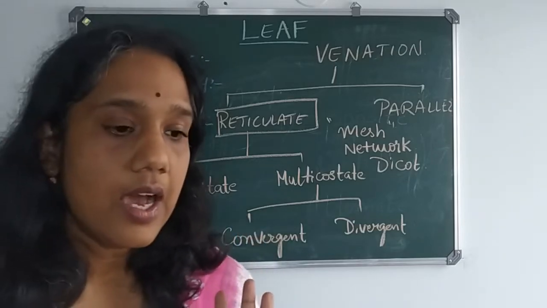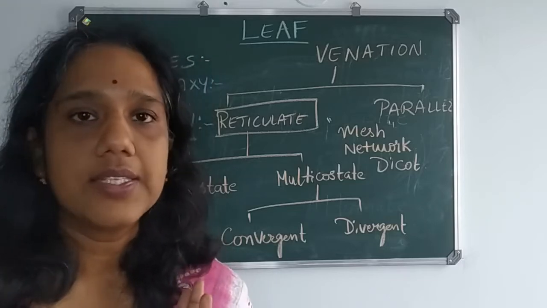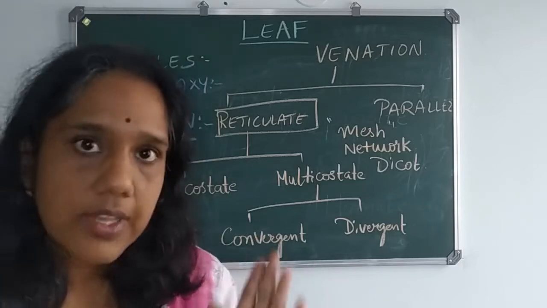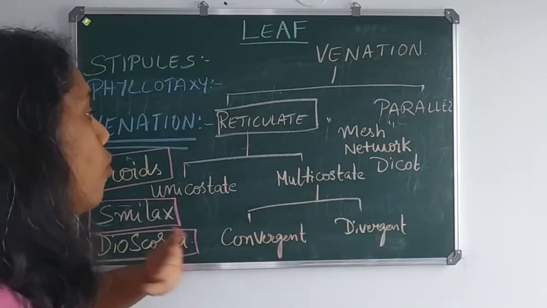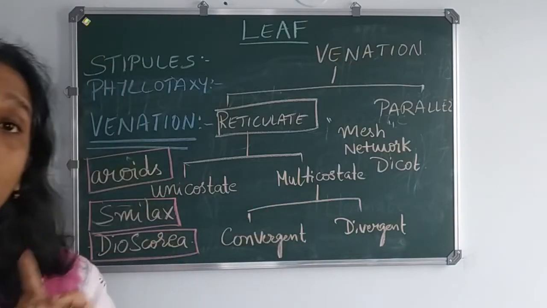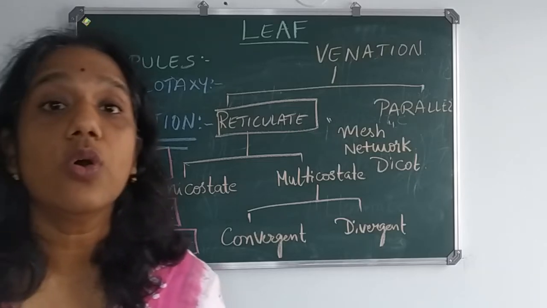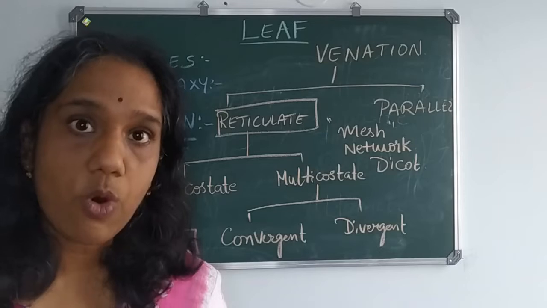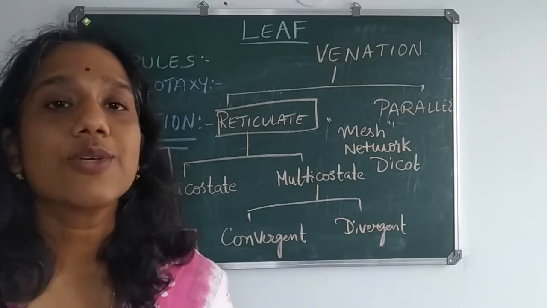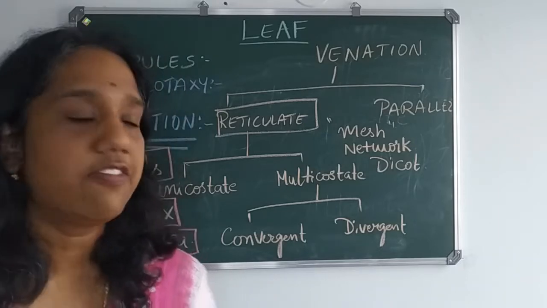There is no other variation in it. So that is unicostate. Multicostate, wherein more than one lamina is going to arise from a single leaflet.